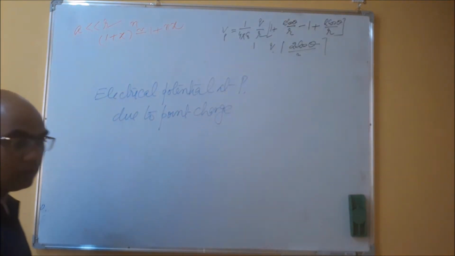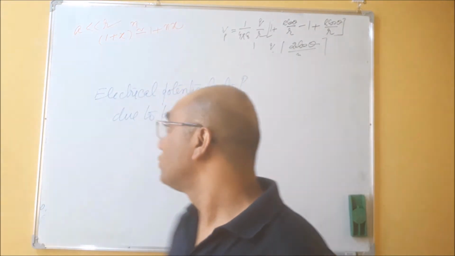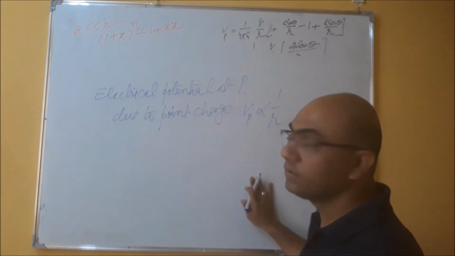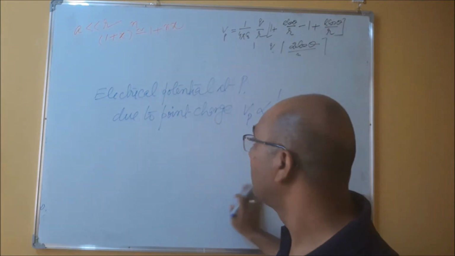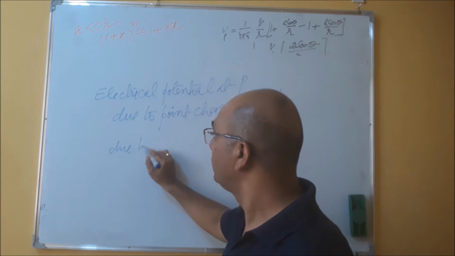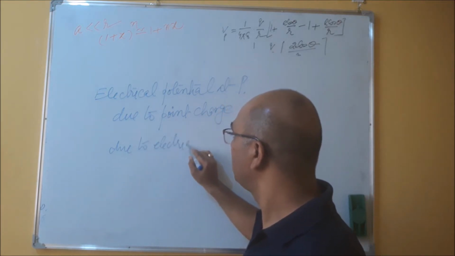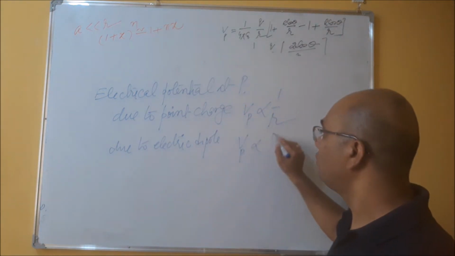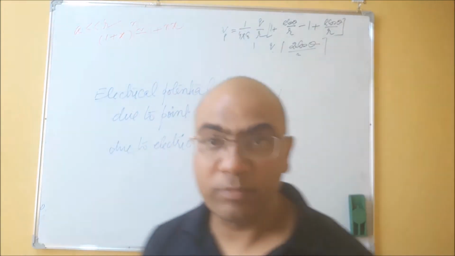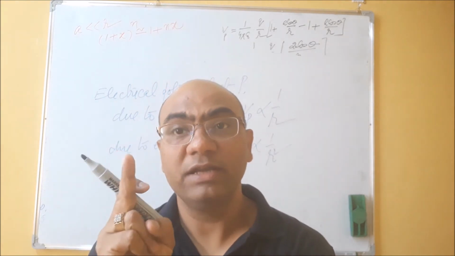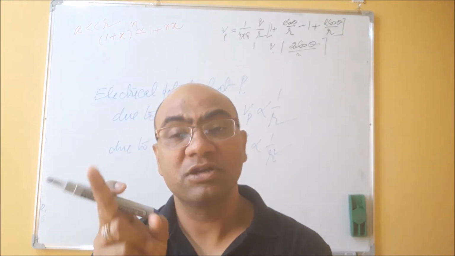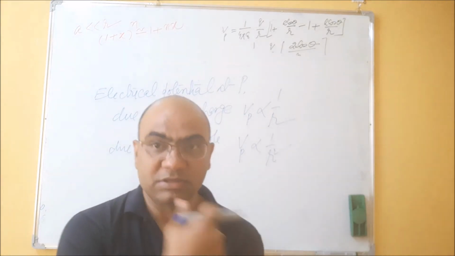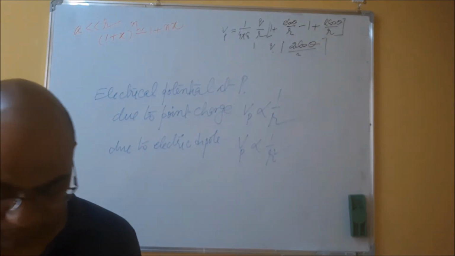I want to know the value of electric potential at point P. If I am considering only a point charge, then Vp is inversely proportional to the value of R. Due to an electric dipole, Vp is proportional to, you see the formula we have, R square in the denominator. So for a point charge, the electric potential is inversely proportional to R. For a dipole, it is inversely proportional to the square of the distance, right? So this also you have to keep in mind.